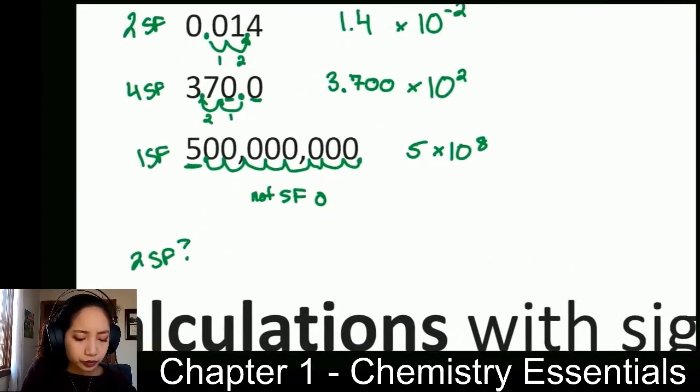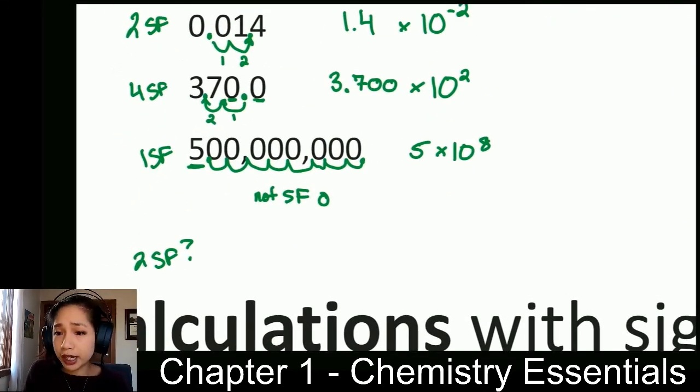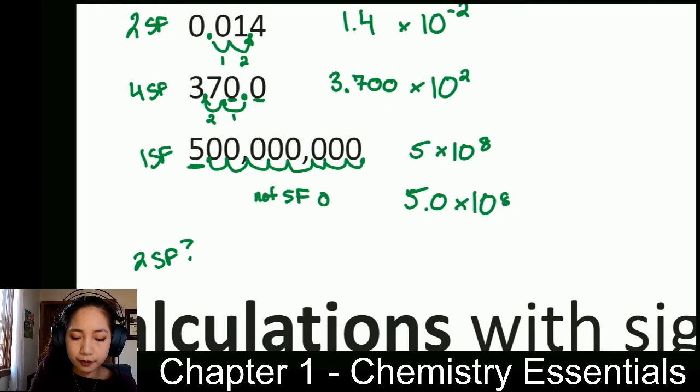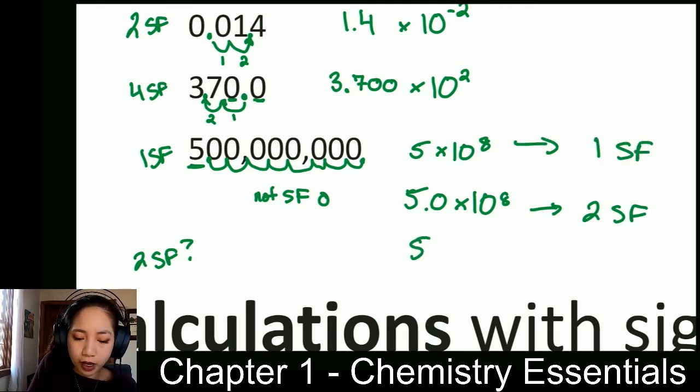So 500 million here as written only has one sig fig, but if we wanted to express it in 2 sig figs, all we would have to do is change the coefficient. So we could write it 5.0 times 10 to the 8. This number, as written in scientific notation, has 2 sig figs, while the first one only has 1 sig fig. If I wrote 5.00 times 10 to the 8, this has 3 sig figs.